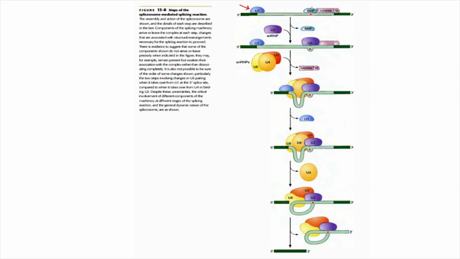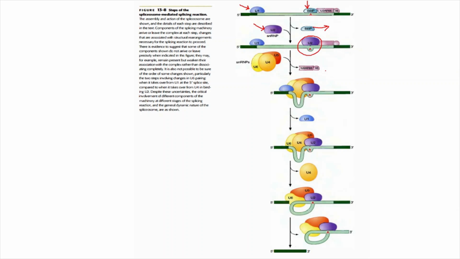Apart from that, you have a BPP protein, which is branch point protein, sitting at the A site, and other subsidiary proteins. So in the first step, this BPP protein is released, and simultaneously another protein called U2 SNRNP comes and sits at the branch site where the BPP protein was earlier sitting.